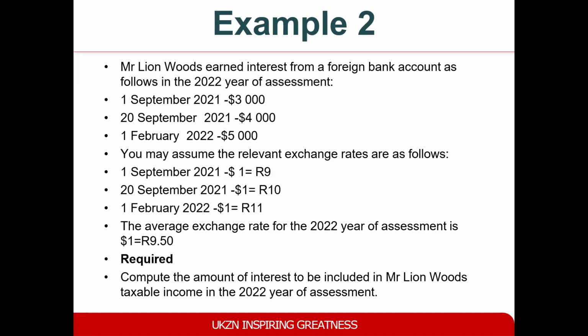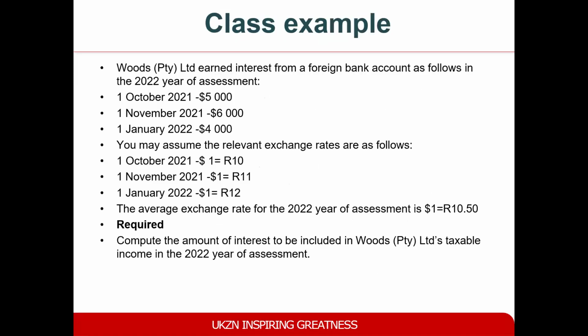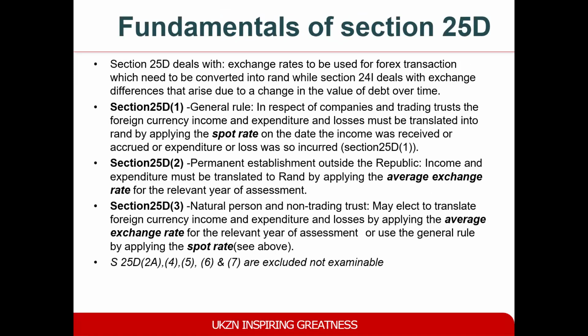This is not any poor man we're dealing with here. But let's go and remind ourselves, if we are talking about the non-trading trust and individual, what do we use? Do we apply 25D capital D1 or 25 capital D2? Let's go back and remind ourselves a little bit. Let's just look at 25D.